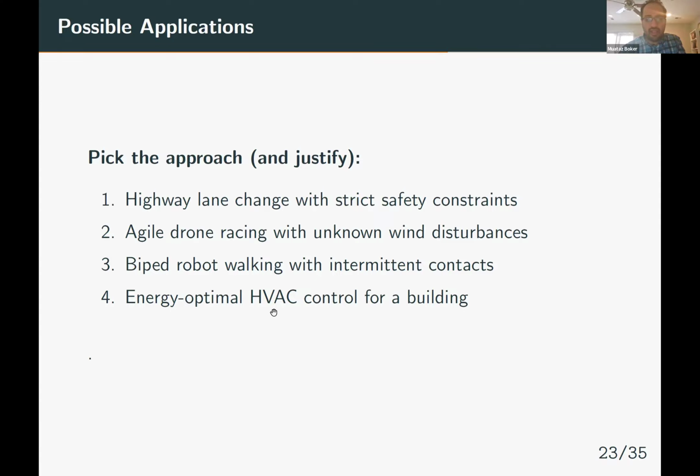The fourth one is HVAC control, heating, ventilation, air conditioning control for a building that is energy optimal, right? That is a classical optimal control problem, and if you do research, you'll see many results that address this. That said, you can also use reinforcement learning to address this problem as well.